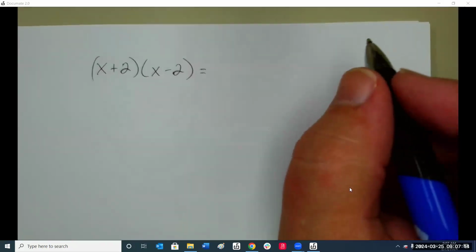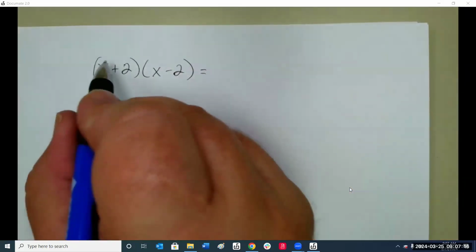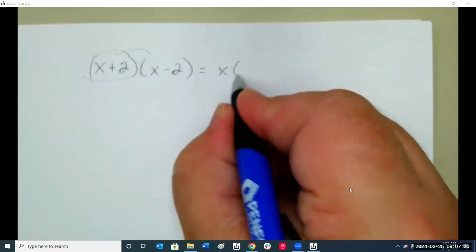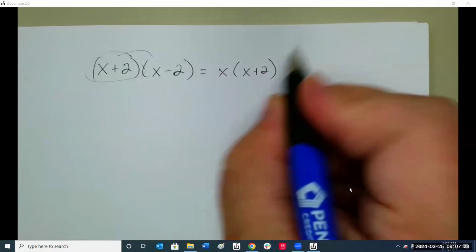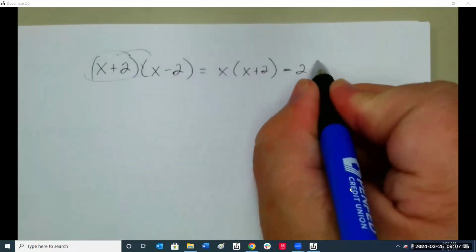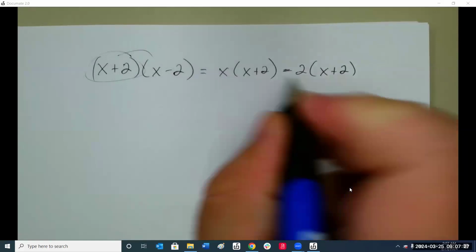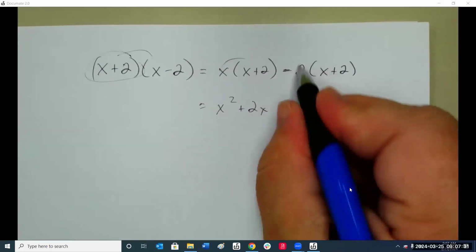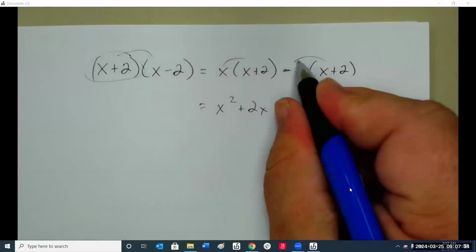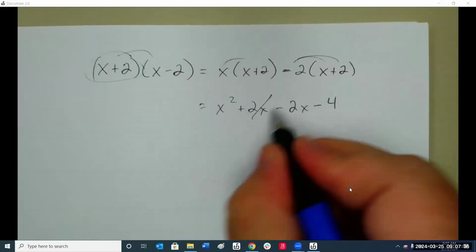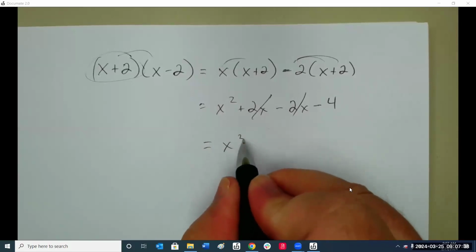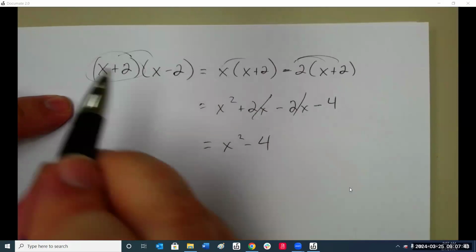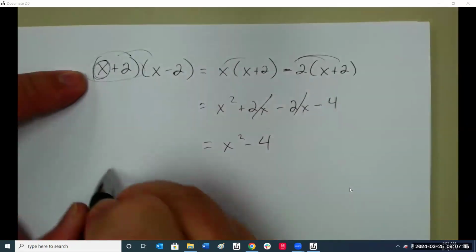So the first thing you do, you show them how this whole parenthesis goes, and there's a minus sign, and we distribute. And then we show them a shortcut. So the rule said, take whatever's here and square it.